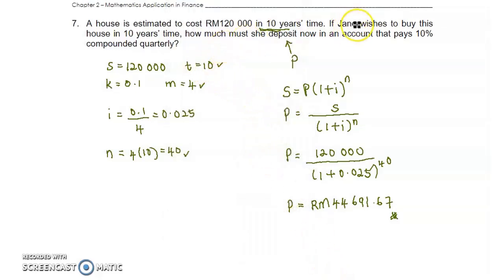So if Jane wants to buy this house in another 10 years, now she needs to deposit, or save, 44,691 ringgit 67 cents, because in 10 years' time the house is estimated to be 120,000.